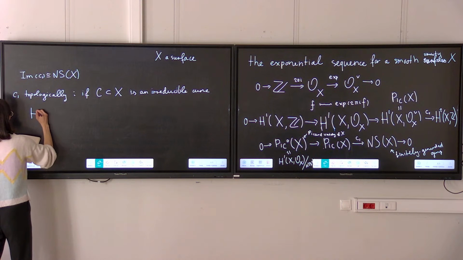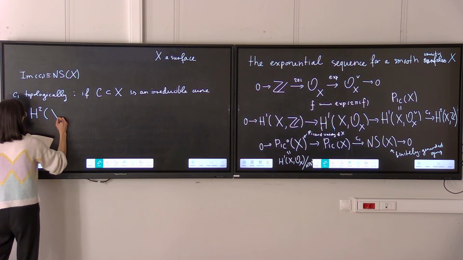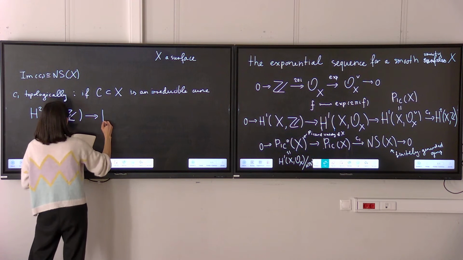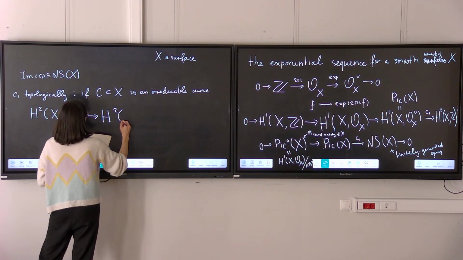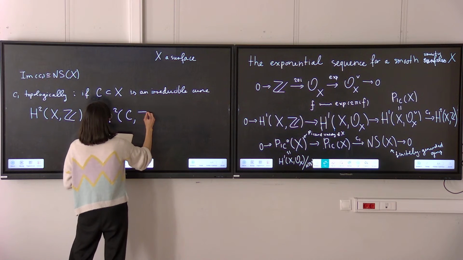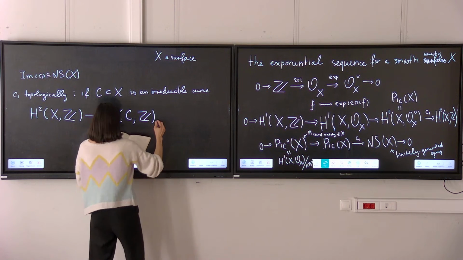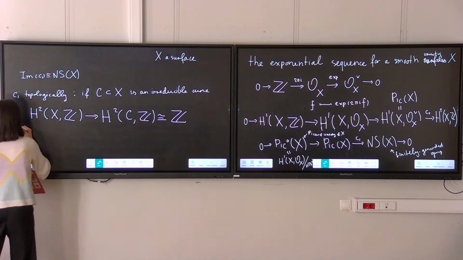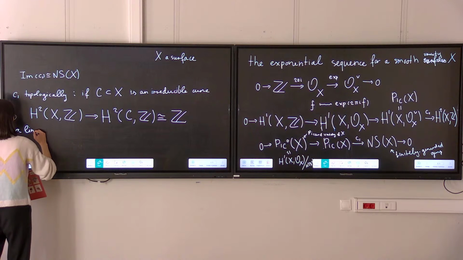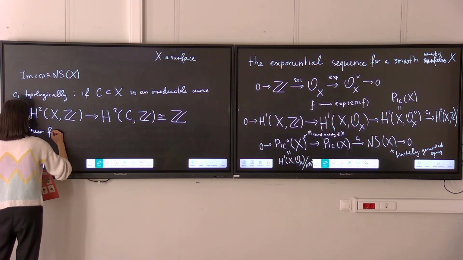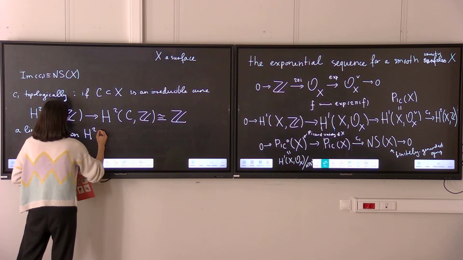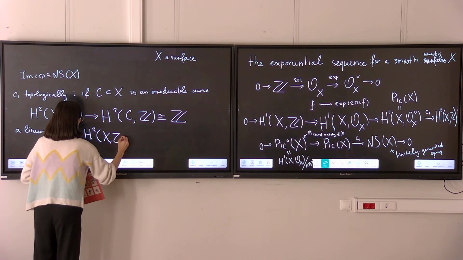Then we can consider the restriction H2 CZ. And this will give you a linear form on H2 XZ.